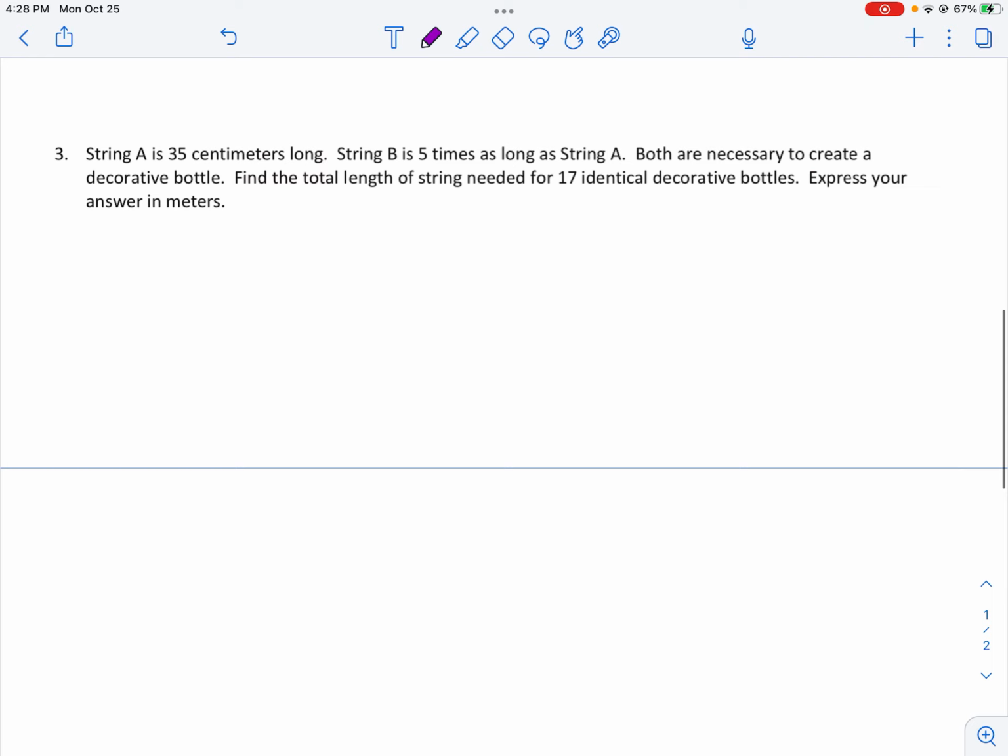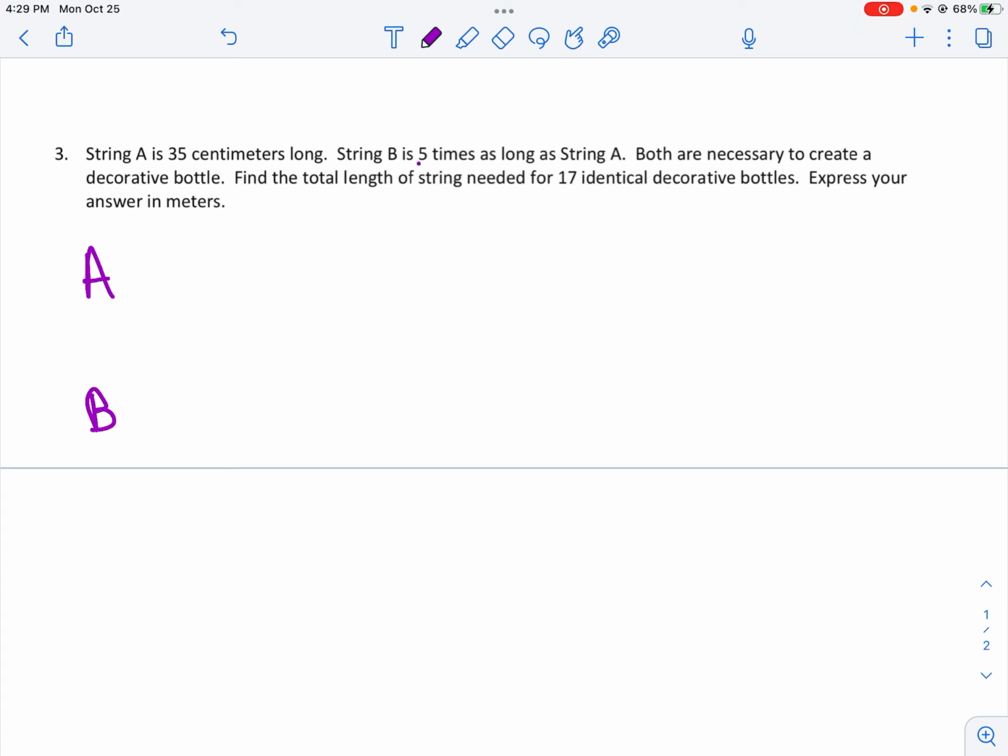All right, here we have string A is 35 centimeters long. String B is 5 times as long as string A. This is similar to what we did in class. I would look to question 3. So question 3 in the concept board. So we have a string A. Sorry. We have an A string and a B string.